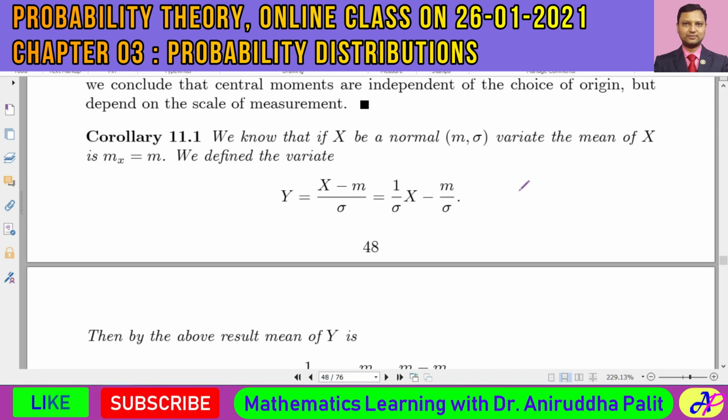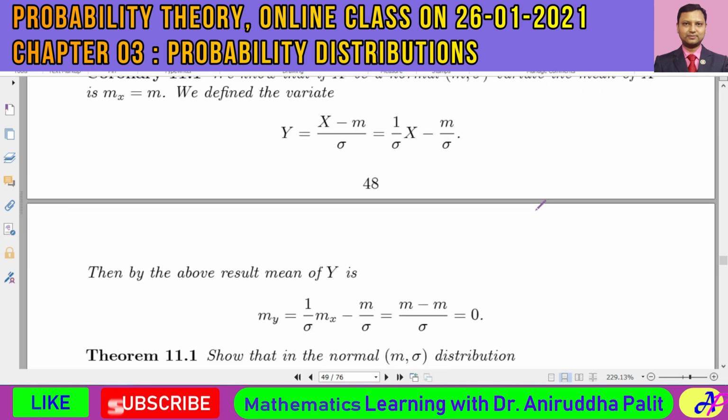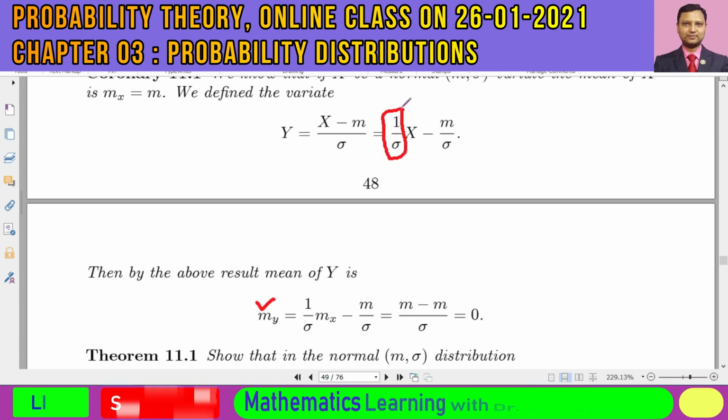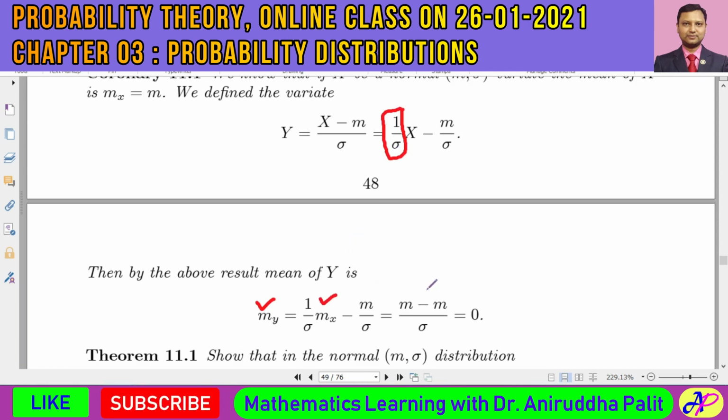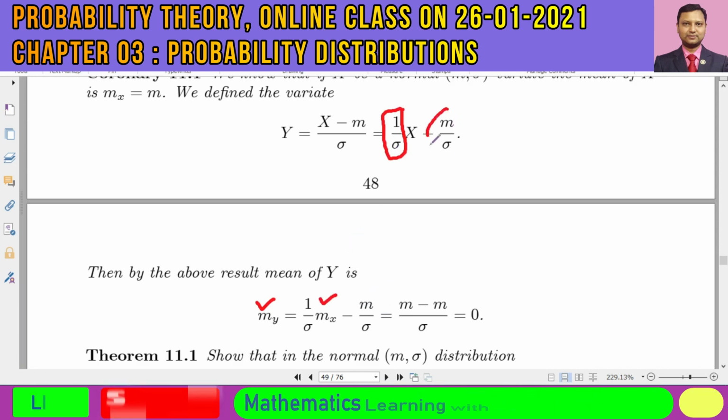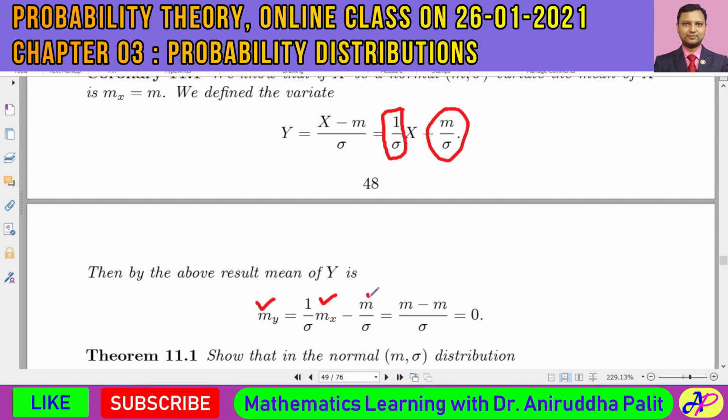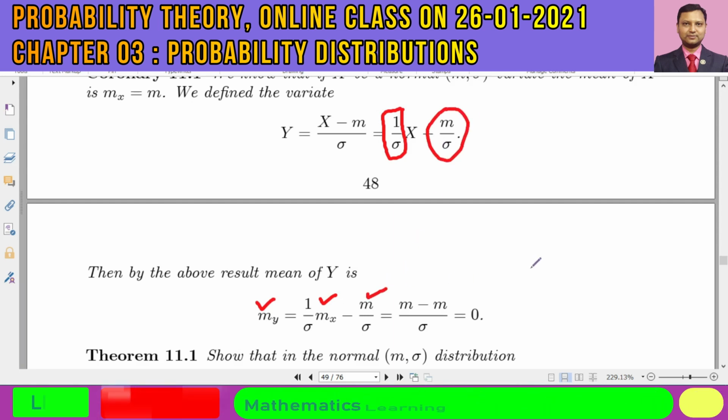Suppose x is a normal m sigma variate, and we define this expression: y is equal to x minus m divided by sigma. This expression can be written as 1 by sigma into x minus m by sigma. We again apply the previous result. Then we can say that m of y is equal to 1 by sigma into m of x minus this constant quantity m by sigma. And you see over here, what is mx?